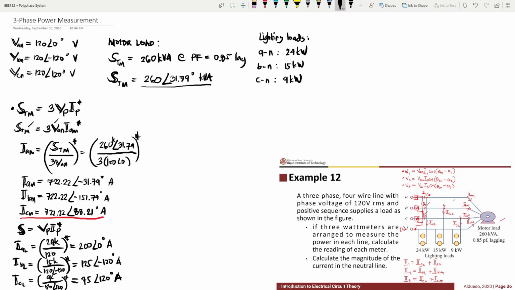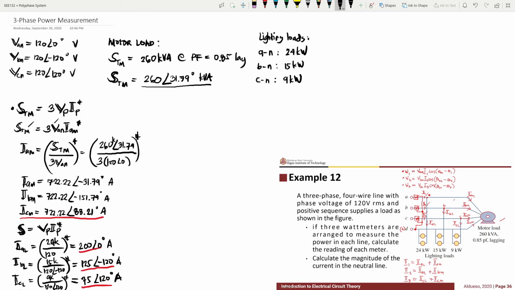So notice the currents of the lighting loads are in phase with their phase voltages, VAN, VBN, since they are really resistive loads, the voltage and the current are in phase.